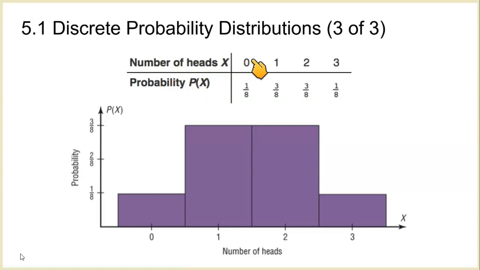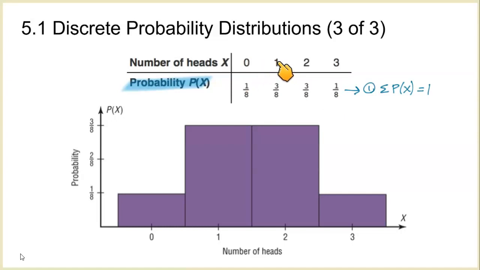So in the situation, more than likely we were flipping a coin a number of times. That part we don't have, but just so you can kind of get an image here, this table represents a discrete probability distribution because of the two conditions previously stated. The sum of the probabilities is 1. So if I take each one of these probabilities, the likeliness of getting no heads is a 1 out of 8 chance.